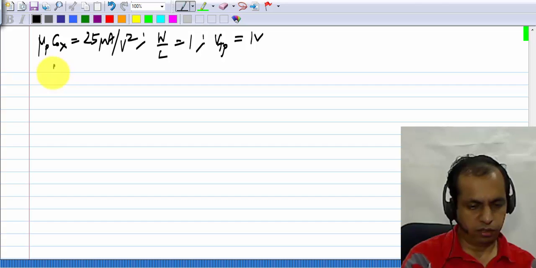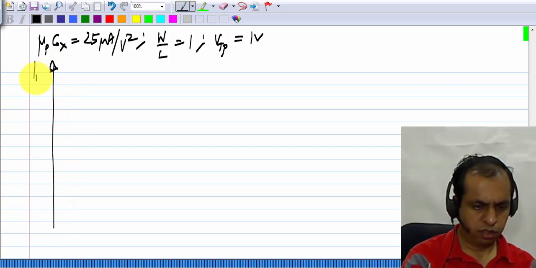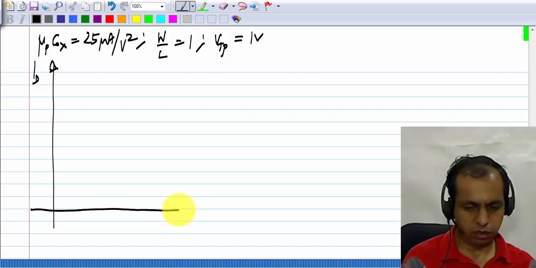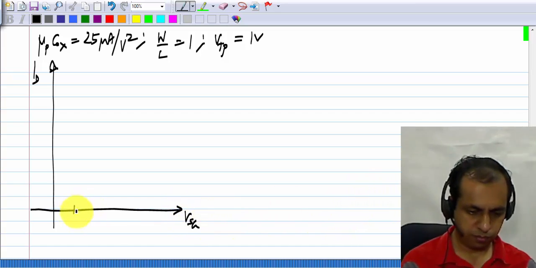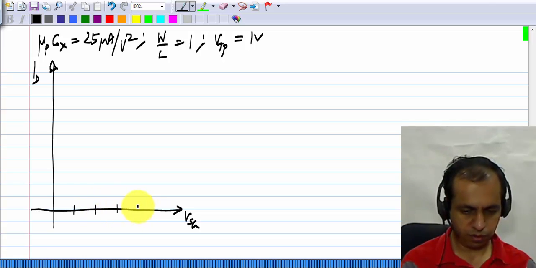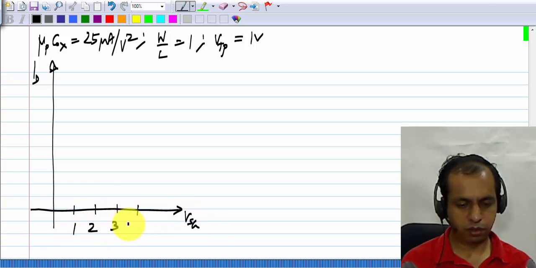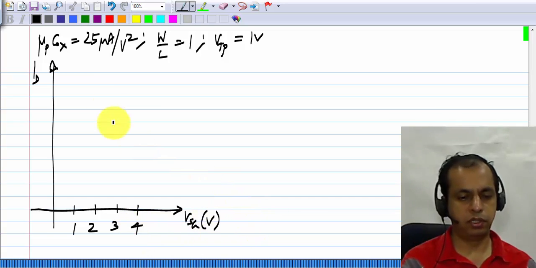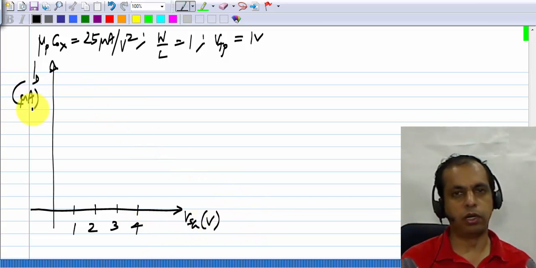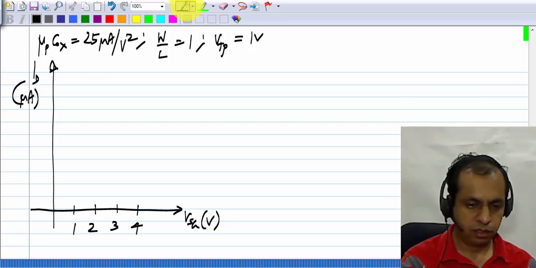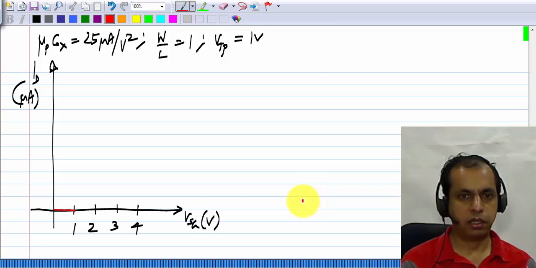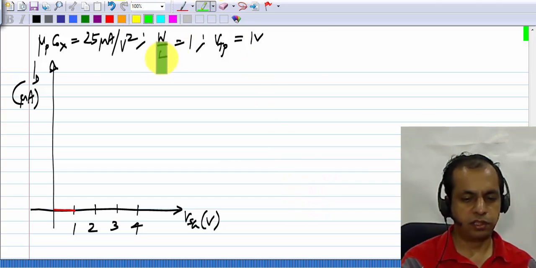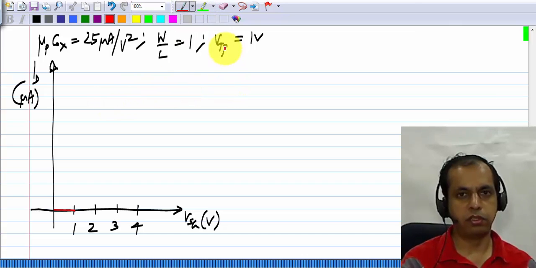And with this I can draw ID versus VSG of the PMOS transistor in saturation region. This is in volts and this is in microamperes. You're already familiar with what the shape looks like. Up to the threshold voltage it will be off and there will be no current, and after that it increases as the square of VSG minus VT to be precise.